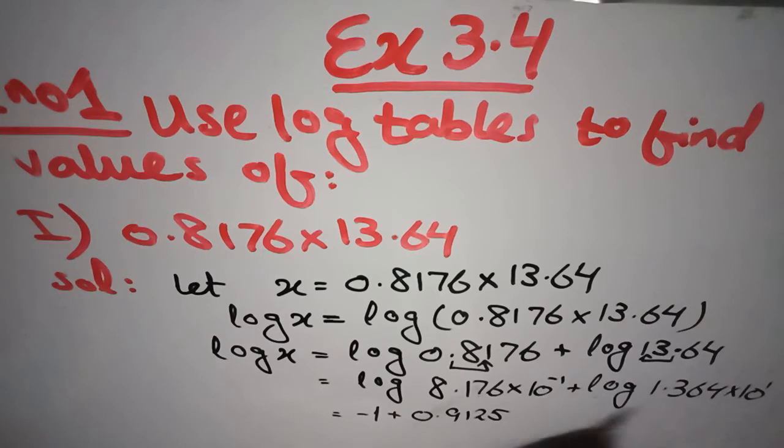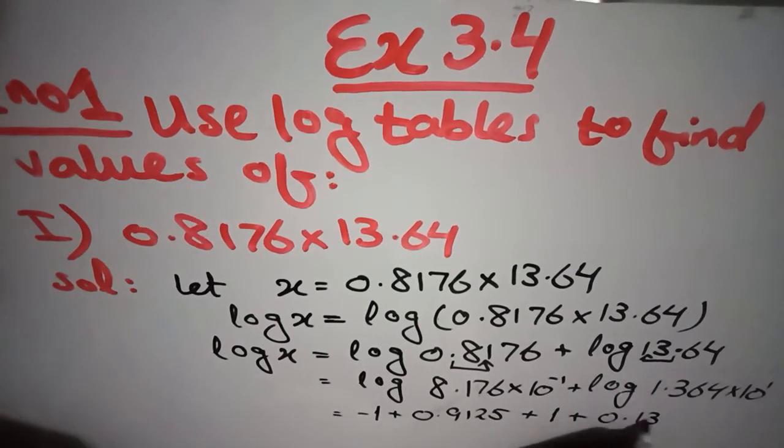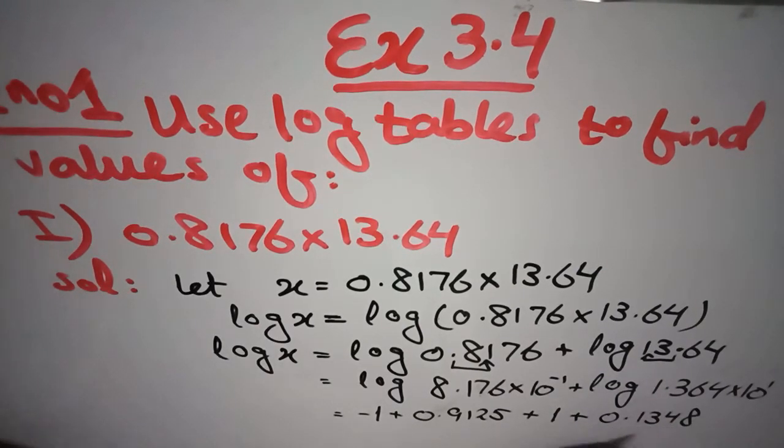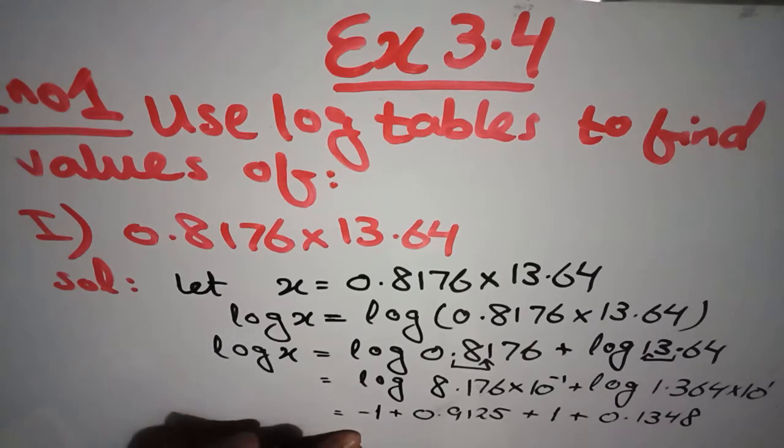Similarly for this one, the characteristic is 1, plus now find the mantissa. Take the 13th row, 6th column and 4th mean difference column. We will get 0.1348.